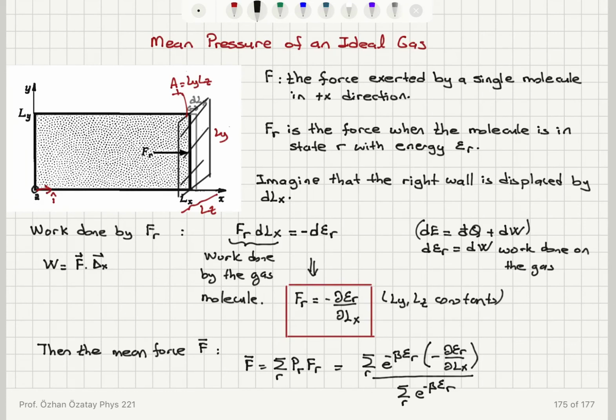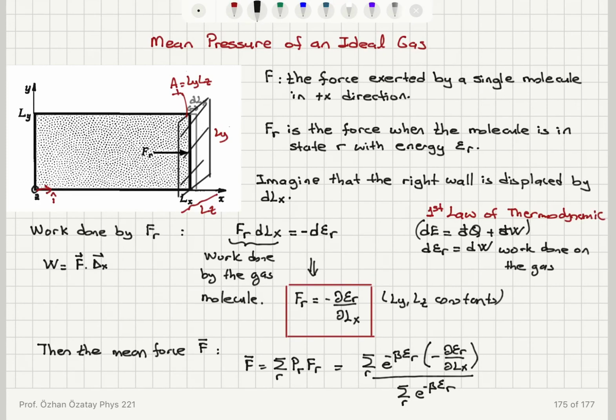Therefore, the work done by the force, the dot product of force with the corresponding displacement, is Fr dLx. However, according to the first law of thermodynamics, this will result in a decrease in the energy. First law of thermodynamics, the infinitesimal limit we talked about.